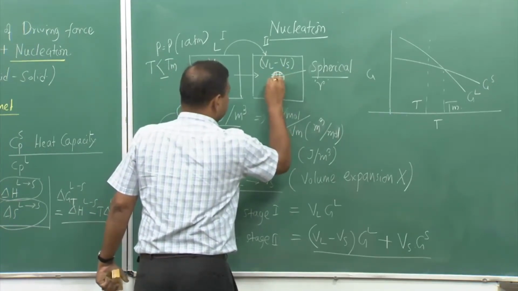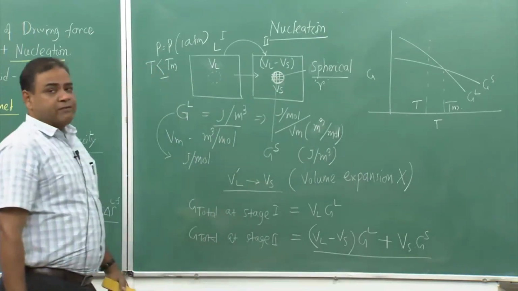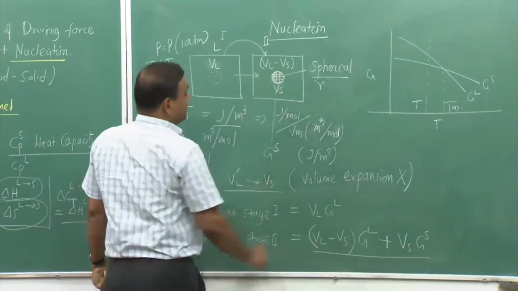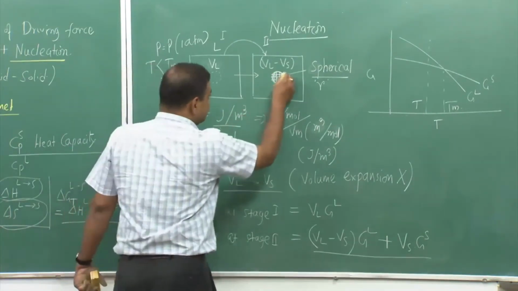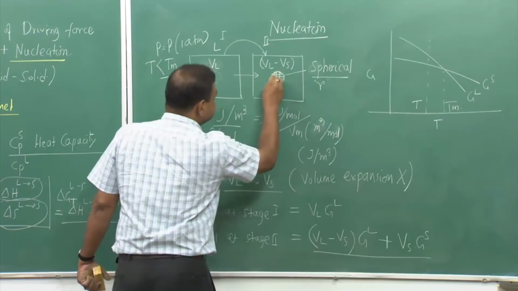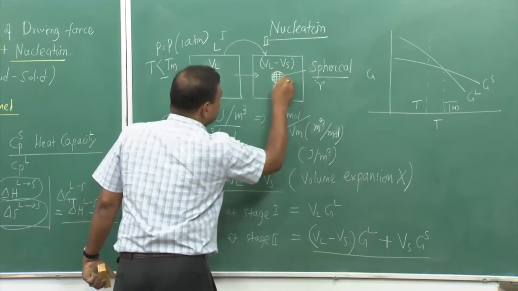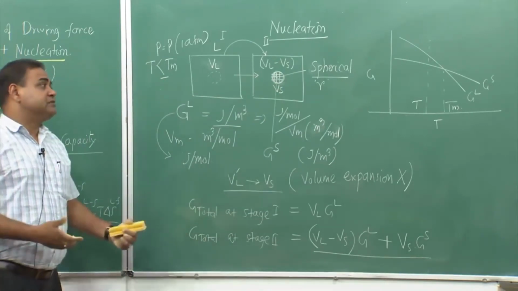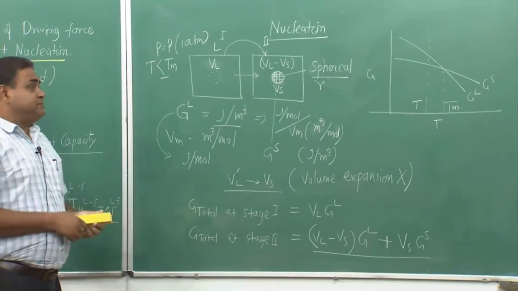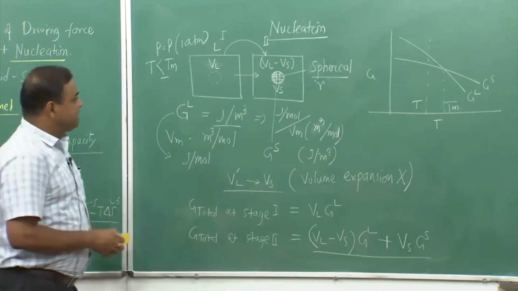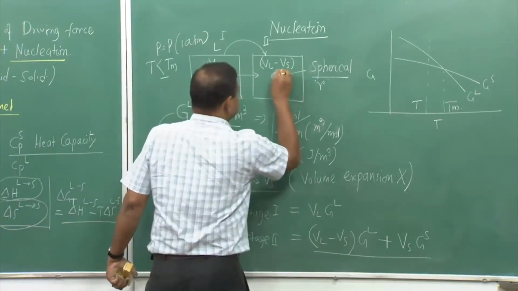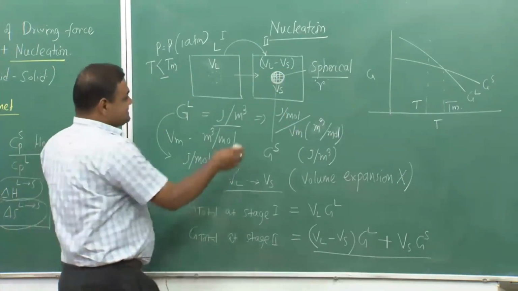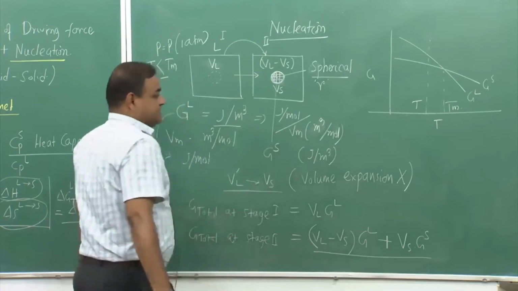That means they have a regular arrangement of atoms, and whenever I am talking about regular arrangement of atoms, at that time there is an interface which separates the regular arrangement of atom zone from a random arrangement of atom zone, if we consider liquid atoms are randomly distributed. At that time I do create an interface.